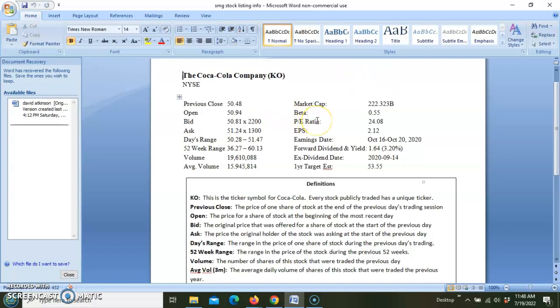Next up is PE ratio. That stands for price to earnings ratio. This is the price of the stock divided by the earnings or the profit of the company. If you have a high PE ratio, that means that people are very bullish on that stock. That means that people think this company has a lot of potential for future growth.